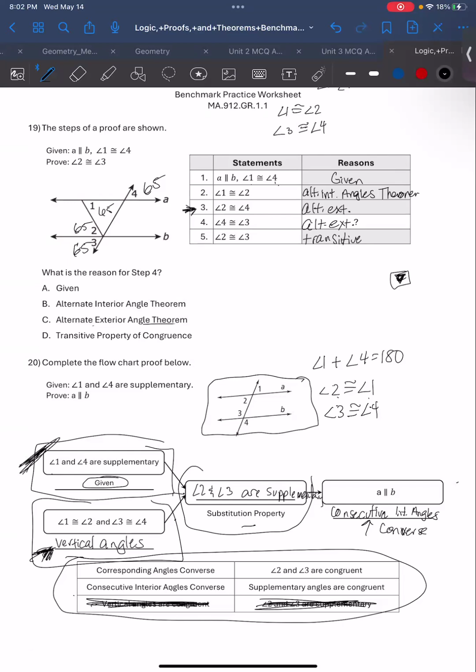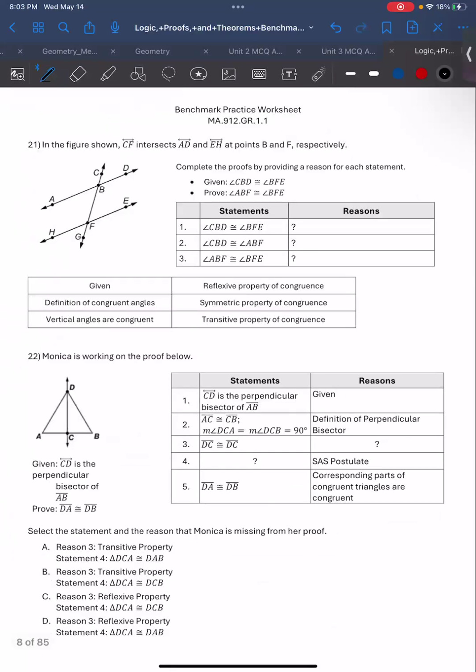parallel. There's one more thing I want to go over, just a reminder, the transitive property. That's when you have if A equals B and B equals C, then you can just say A equals C. So now, look at all of these proofs.